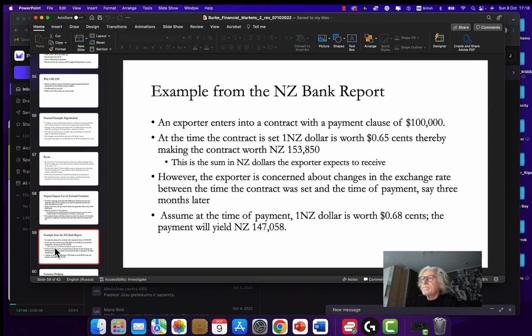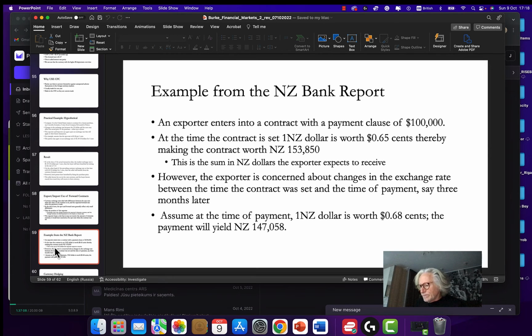And of course, the exporter would like to receive a similar amount in the future when the goods will be delivered and the payment will actually be made. But he's not going to know what the currency pair exchange rate is at the future date.